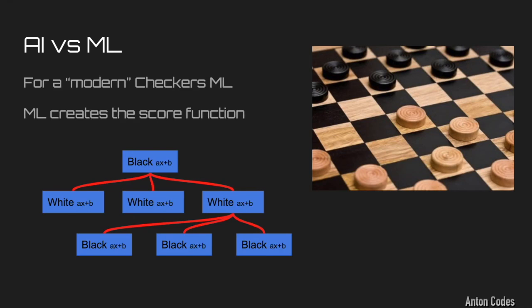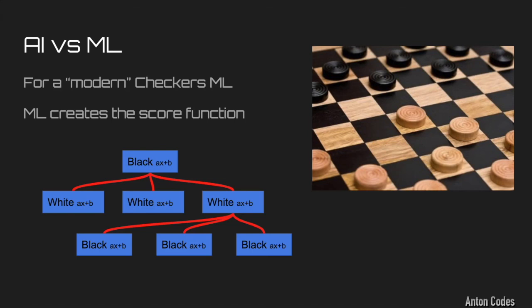For a modern checkers machine learning, the machine learning creates the scoring function by playing lots of games, collecting the data, and figuring out what a good function is. It turns out probability of taking a next piece, or percentage of all pieces that you own, is not really a good scoring function.